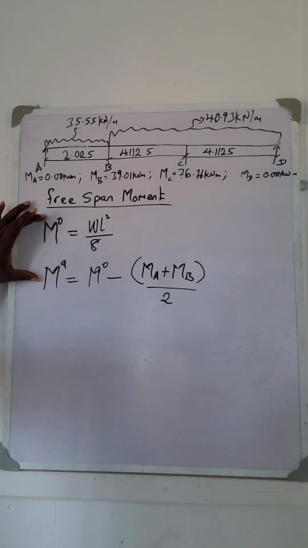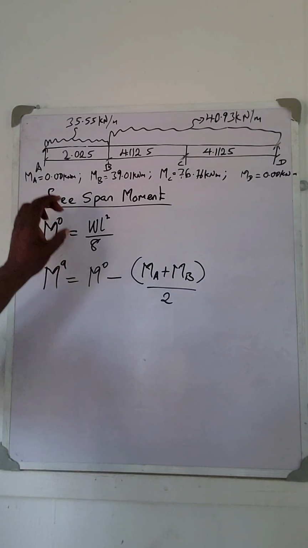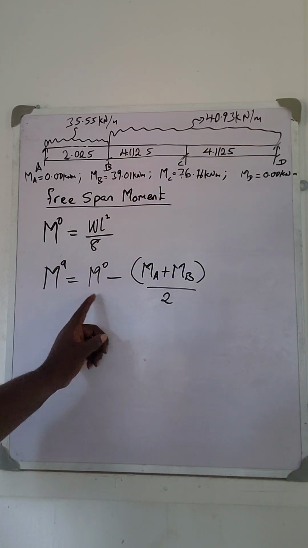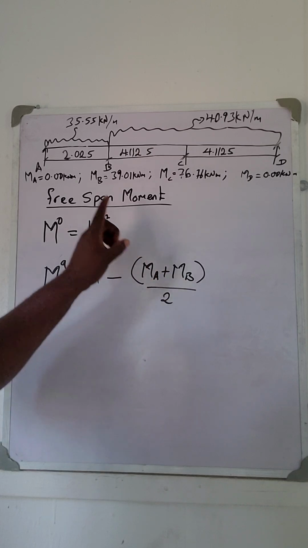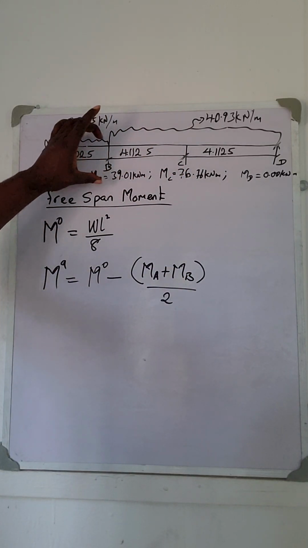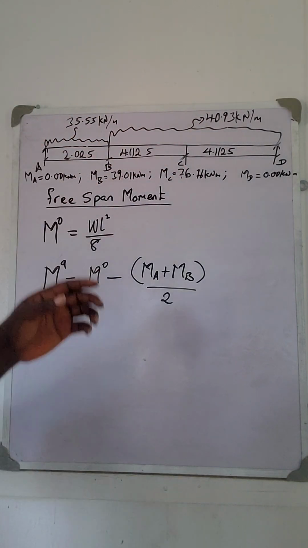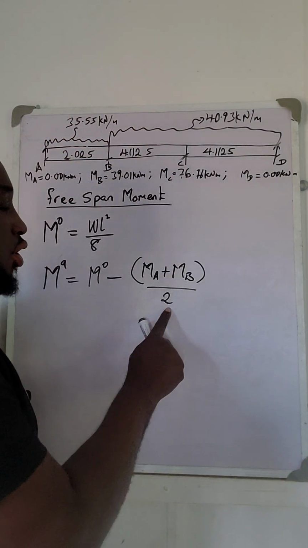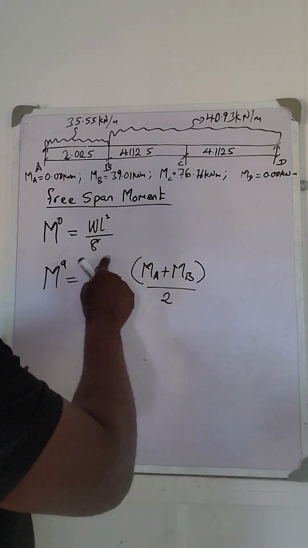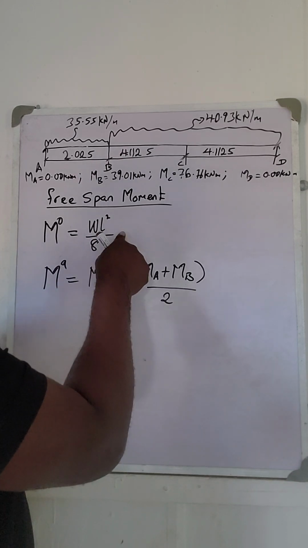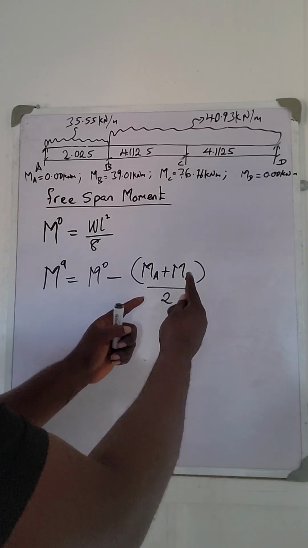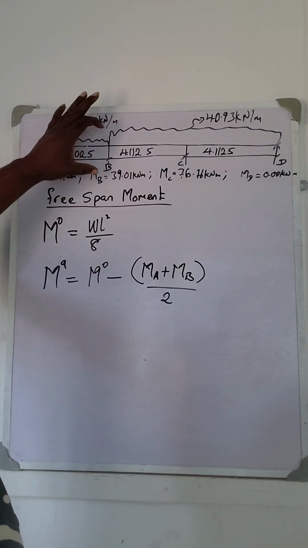Now, the difference between these two is that free span moment assumes every span to be simply supported, while actual span moment takes into cognizance the support loading, the reaction from the support, the actual support condition of every beam. So it is very accurate when you use actual span moment to design for the beams instead of using free span moment.